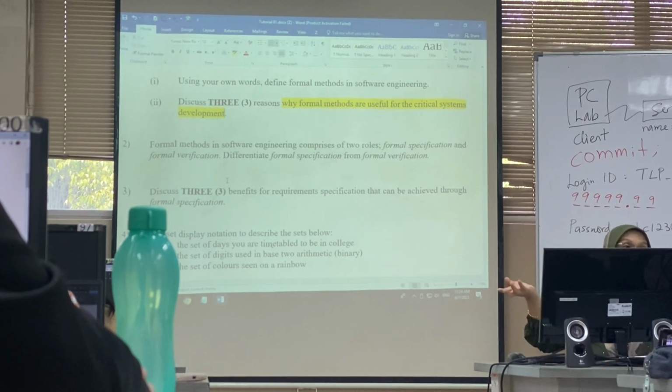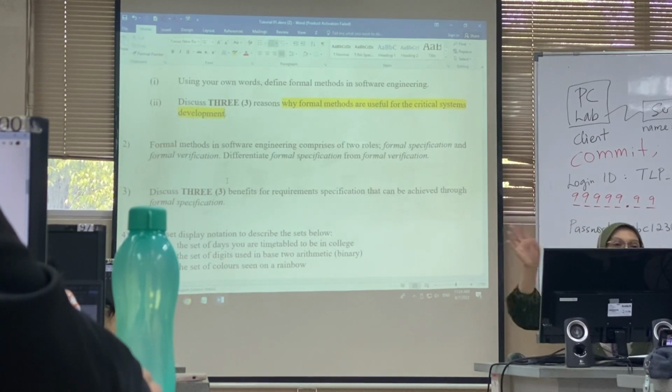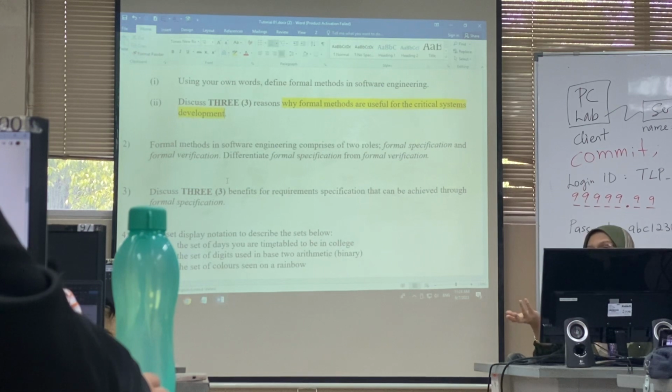Like the door just now, the train just now. Somebody stands nearby the door, then accidentally the door opens when the train is moving. Fall down, for example. Die. So people will die because of the error there.